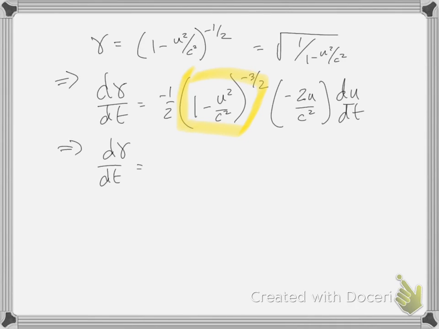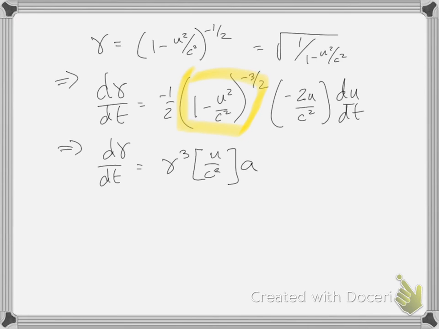So the thing in yellow was gamma cubed, and we have minus 1/2 times minus 2, that's just 1, so you've got u over c squared, and du dt. Du dt is just the magnitude of the acceleration. So that's d gamma dt.